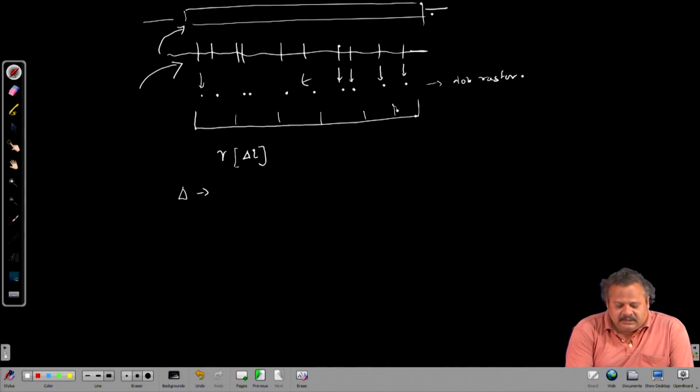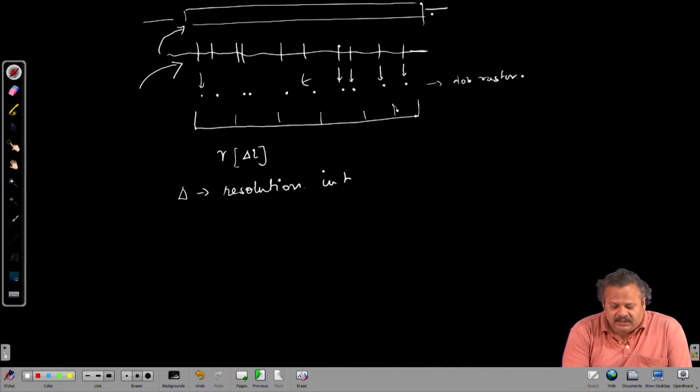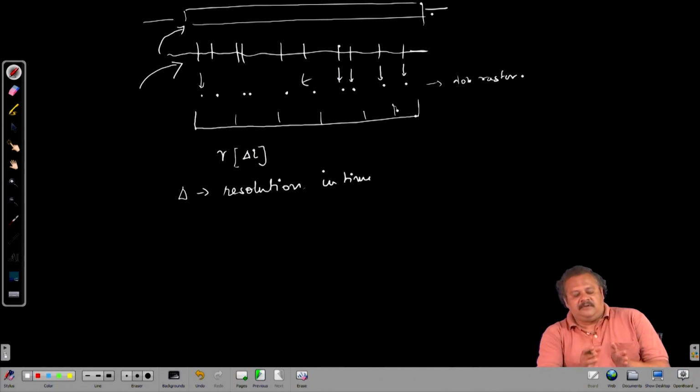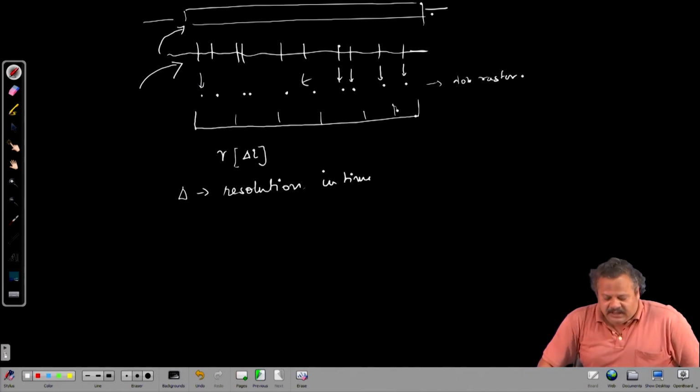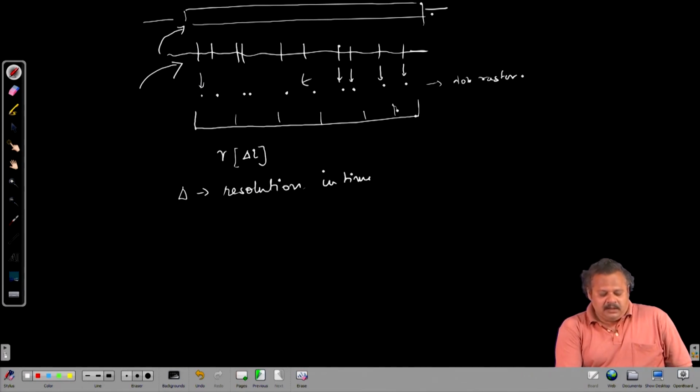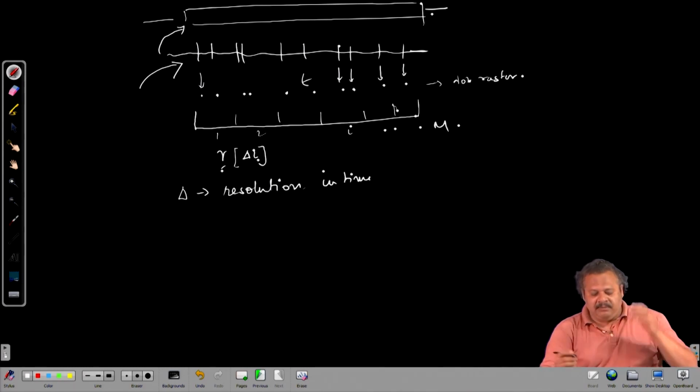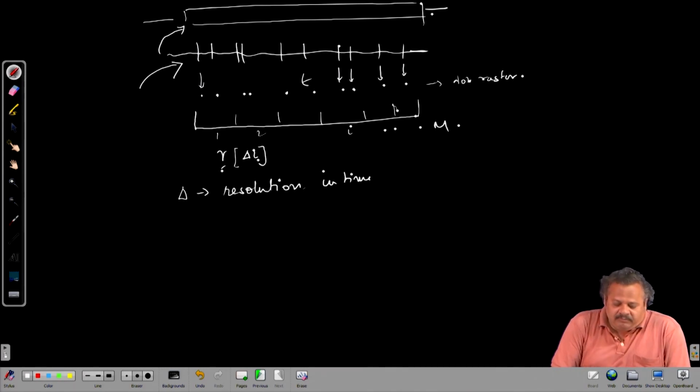Delta is the resolution in time that we are looking at, that is, at what interval we are discretizing the time window, and i is the index, starting from 1 to M, so there may be, let us say, capital M intervals or bins that we are looking at.